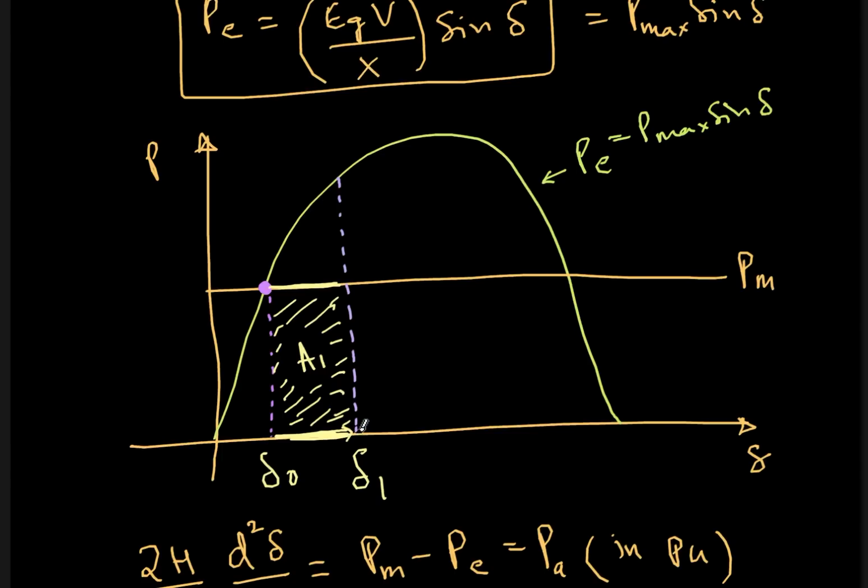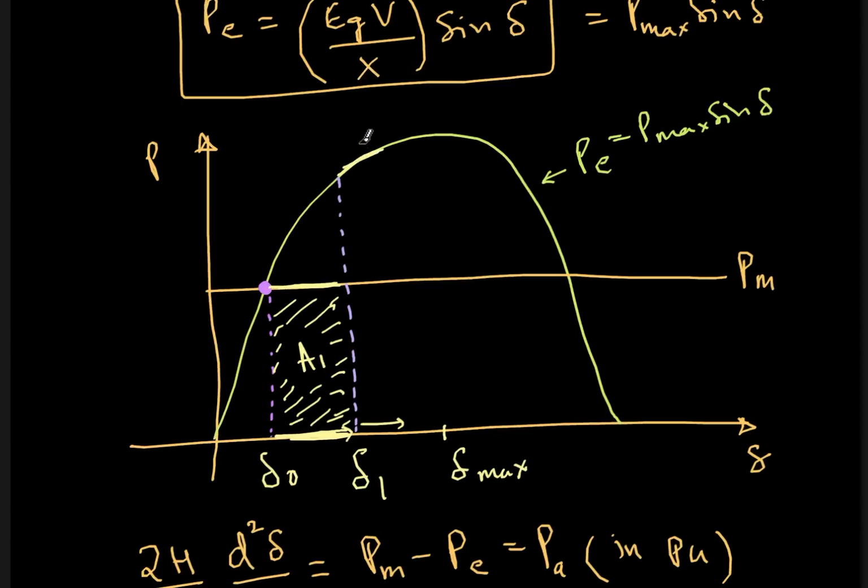And at this point, since I am in acceleration, I am rotating at a super synchronous speed. So even though the fault is cleared, the delta angle will keep increasing, and it will reach a point which is delta max. But then at delta 1 itself, the electrical power is going to come back because the fault has been cleared.